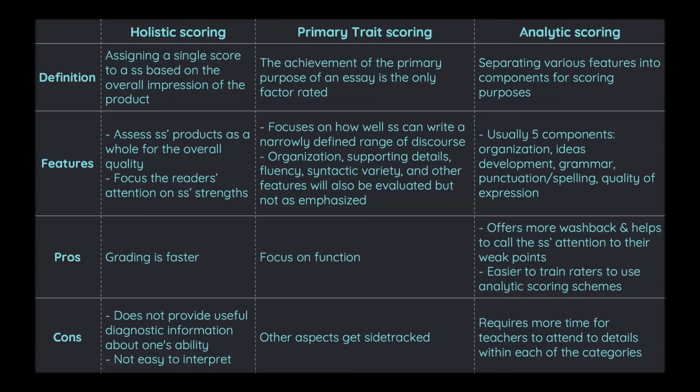And the advantages of this kind of scoring is that it offers more washback and helps to call the students' attention to their weak points. And it is easier to train graders to use analytic scoring schemes. The cons being that it requires more time for teachers to attend to details within each of the categories.